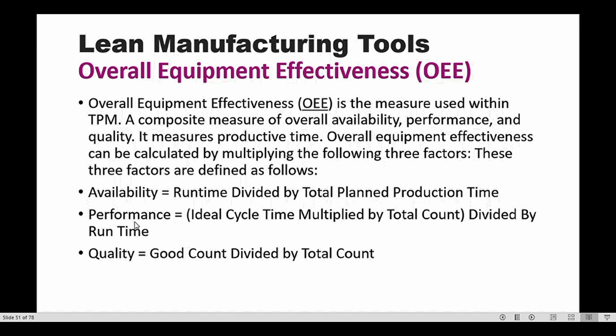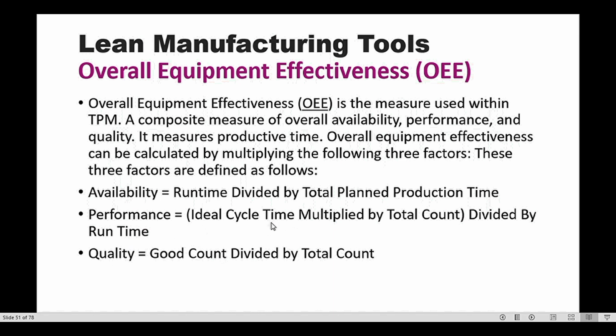In the same way, performance is ideal cycle time multiplied by total count divided by the runtime.